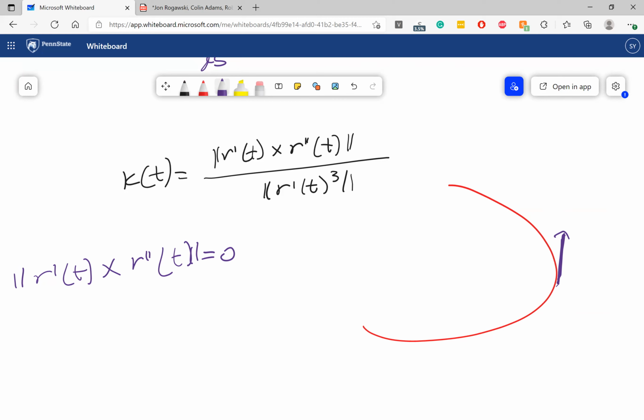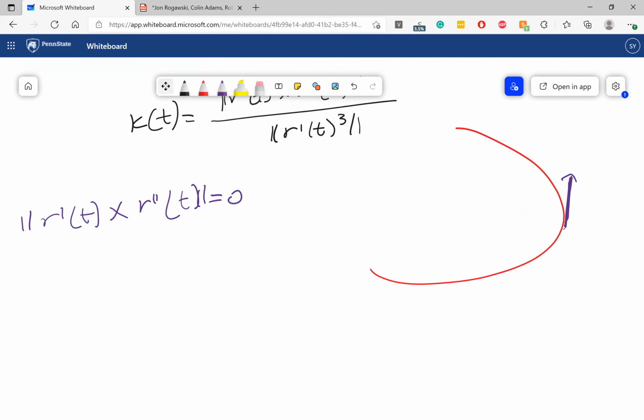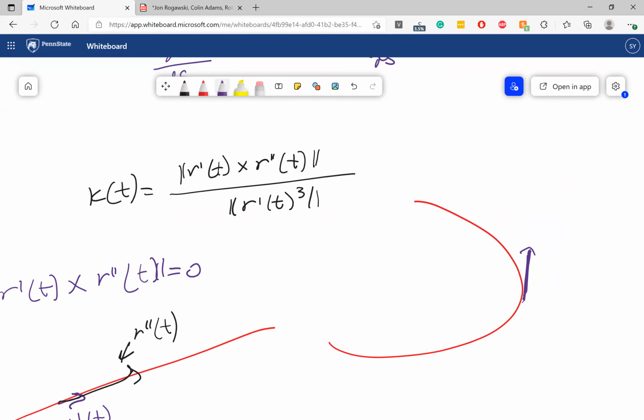They're parallel. Well, if that's the case, then you're probably on a line, where this is your r prime of t, and this is your r double prime of t. If your cross product is 0, that means that these two vectors are parallel to each other, which means that it would make sense for your curvature to be 0. And in fact, it would be. This up here will be 0, and so your curvature would be 0.